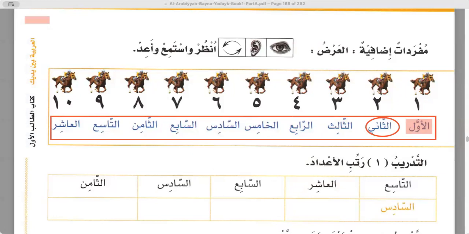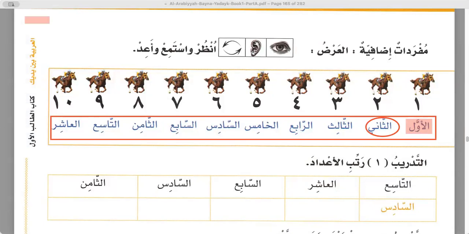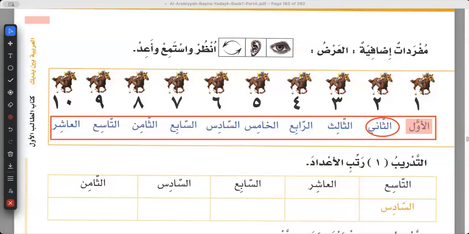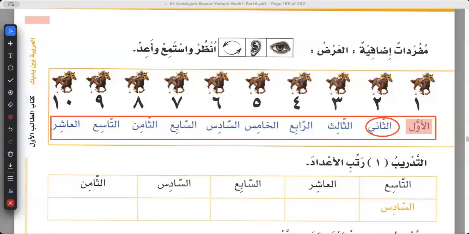Please let me get you clear. We are talking of thalatha. I asked, is thalatha feminine or masculine?